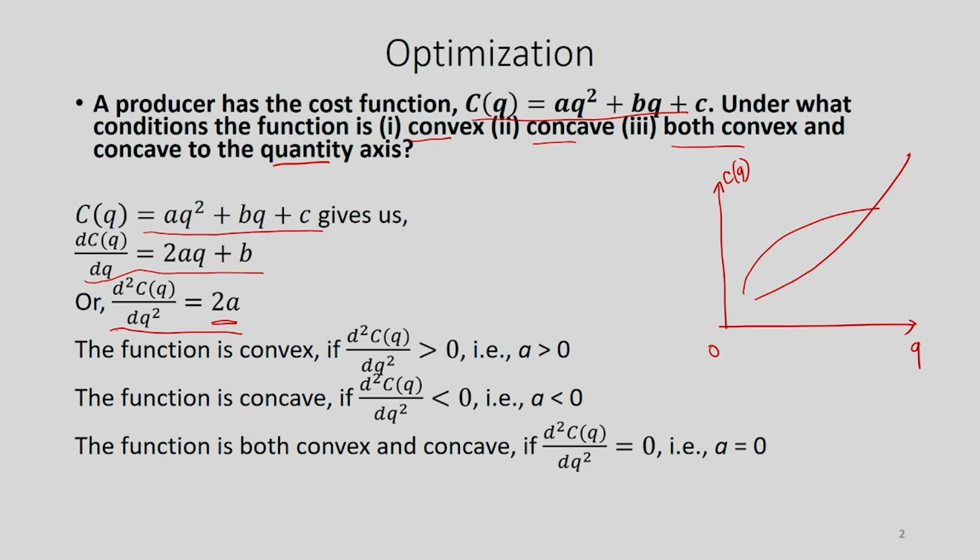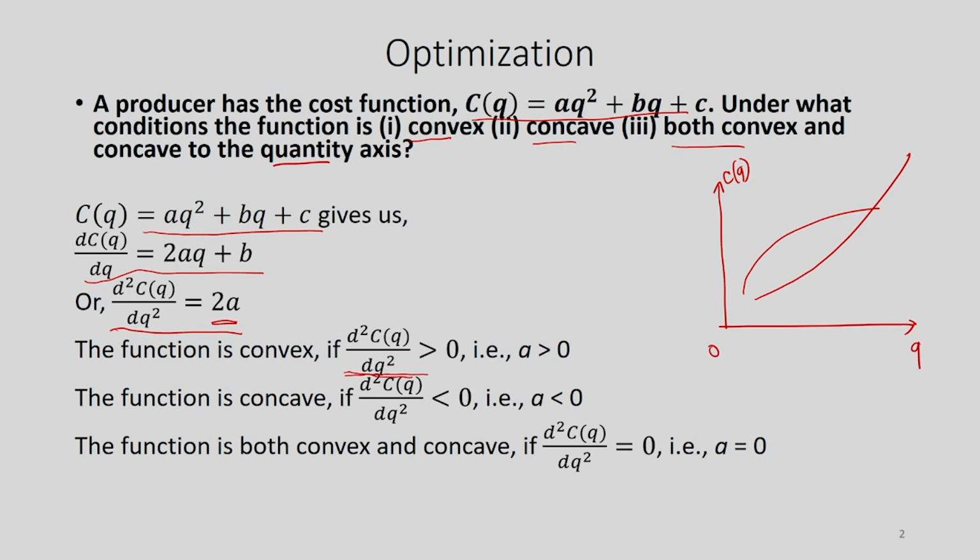Now the conclusion will come. Under what conditions is the function convex? Here we use the property that a function is convex if the second derivative is positive, right? The second derivative d square C(Q) by dQ square is greater than 0.